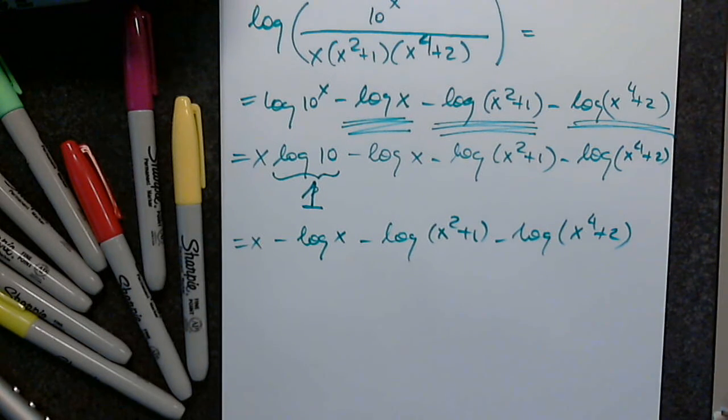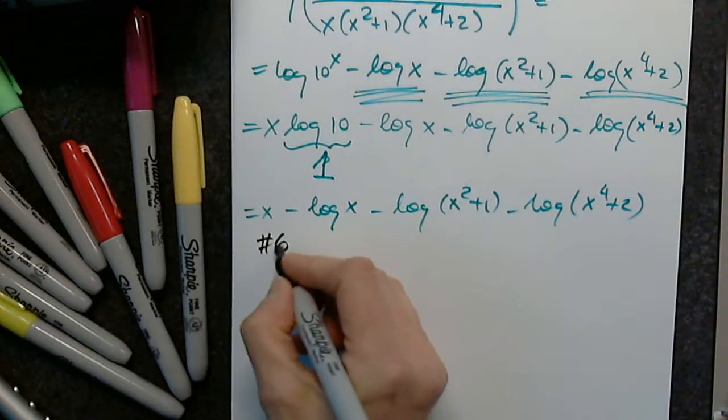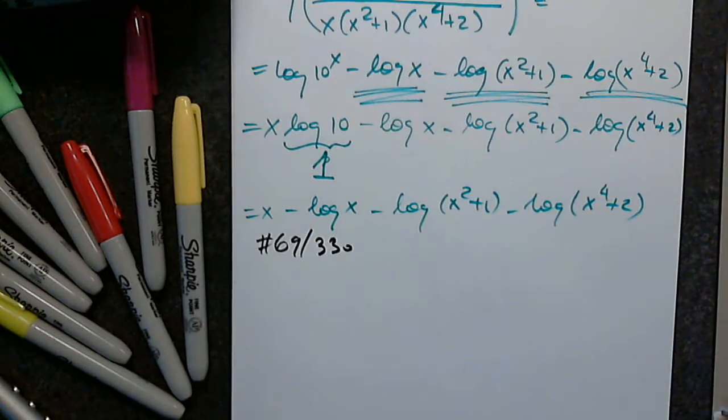Since we said, okay, let's also condense going backwards, I have a suggestion for you. What if we look at problem 69 on page 330? The title is Wealth Distribution.